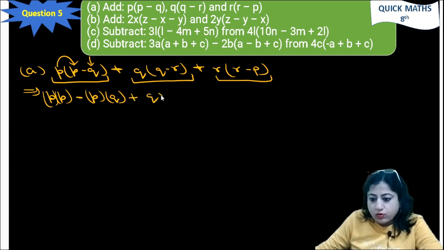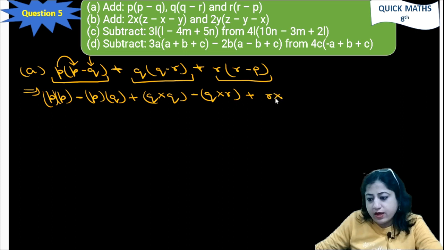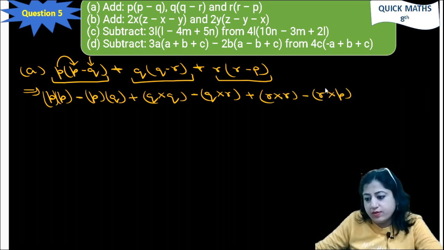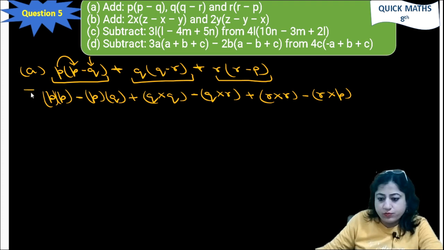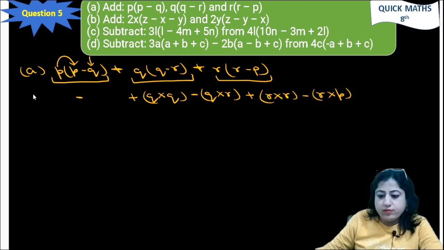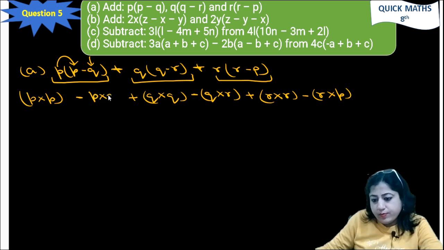Plus q will multiply with q, then with r, plus r will multiply with r, minus r will multiply with p. Here I will also put the sign of multiplication for convenience. It will be easy to understand.